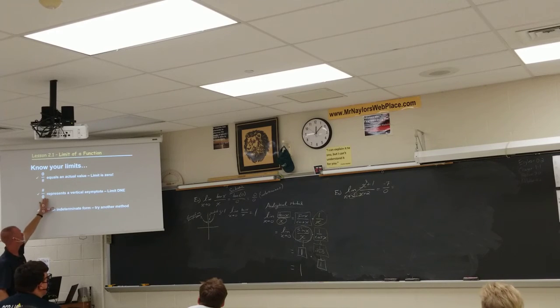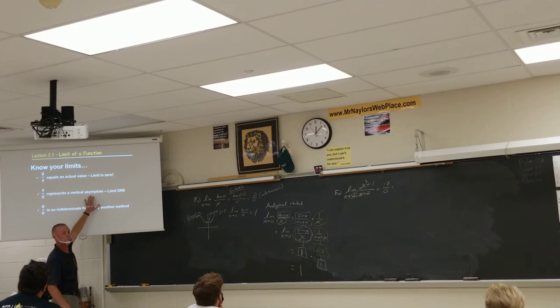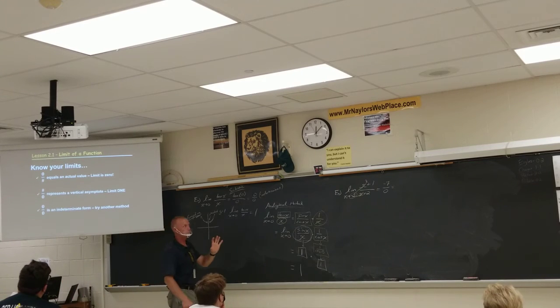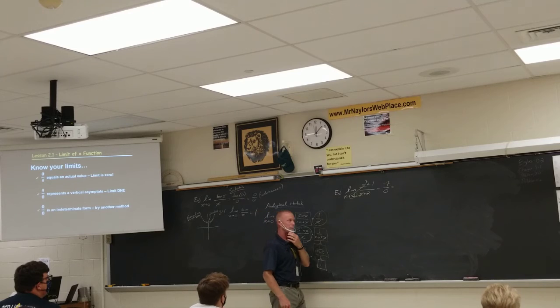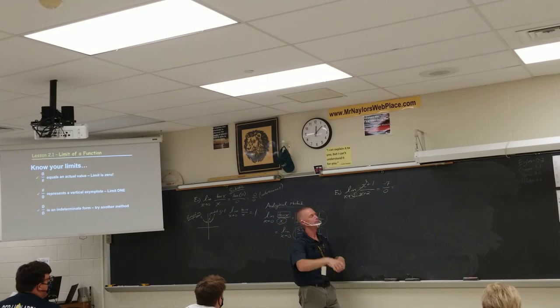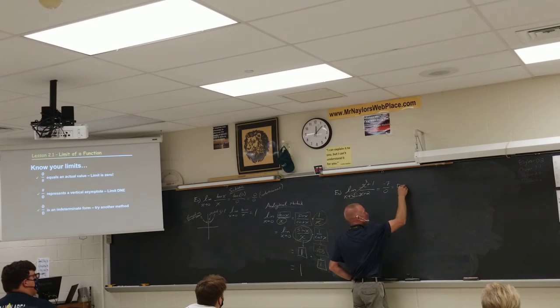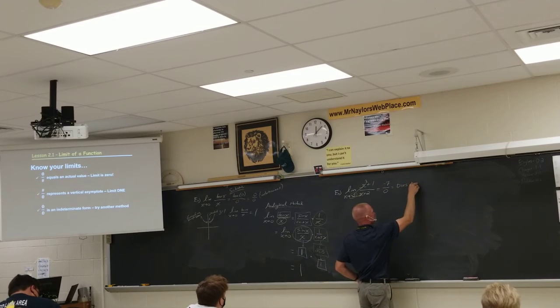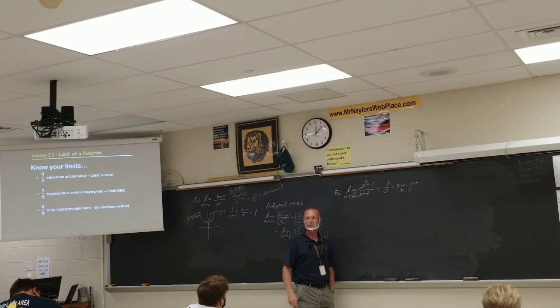So if you end up with this middle category, it's a vertical asymptote. Vertical asymptotes don't have a limit, because I'm going nowhere. At least I'm not going to an intended height. So once again, the limit does not exist.